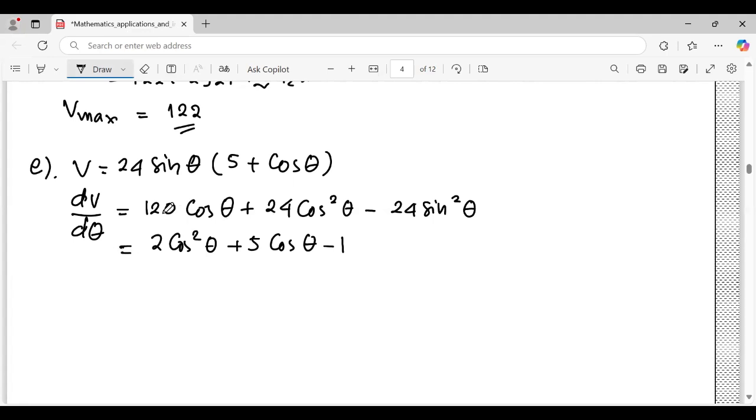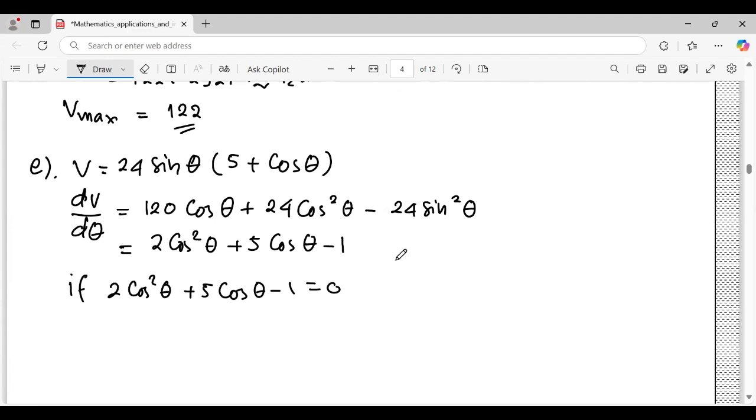So we get valid solutions if 2 cosine squared theta plus 5 cosine theta minus 1 equals 0.